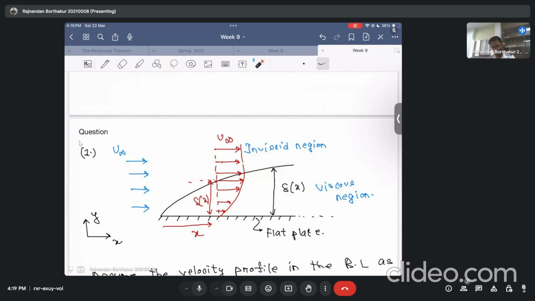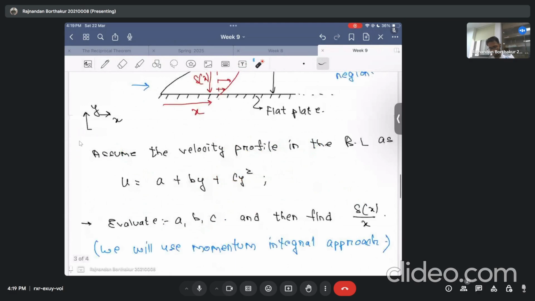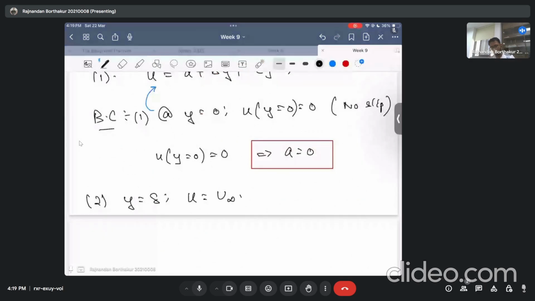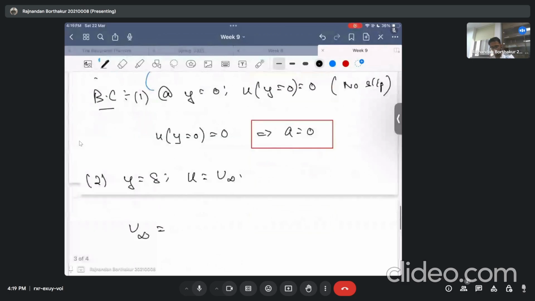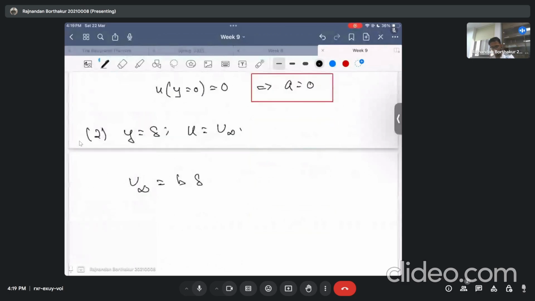So at y equal to delta, my u happens to be equal to u infinity. If I substitute this, I'll get u infinity equals b delta plus c delta square. So this is one equation, and I need to solve this.